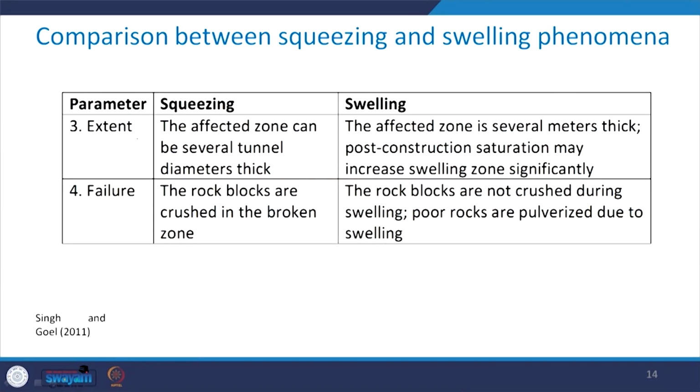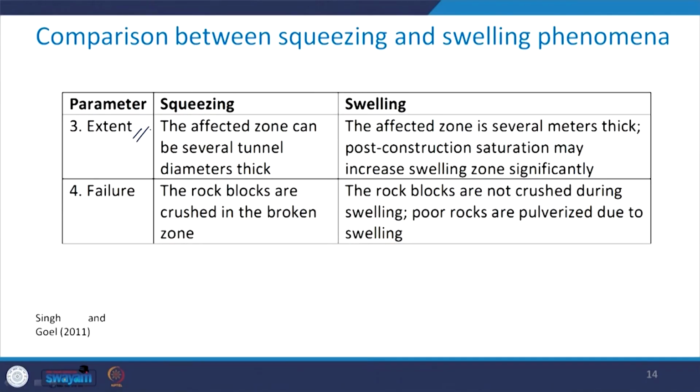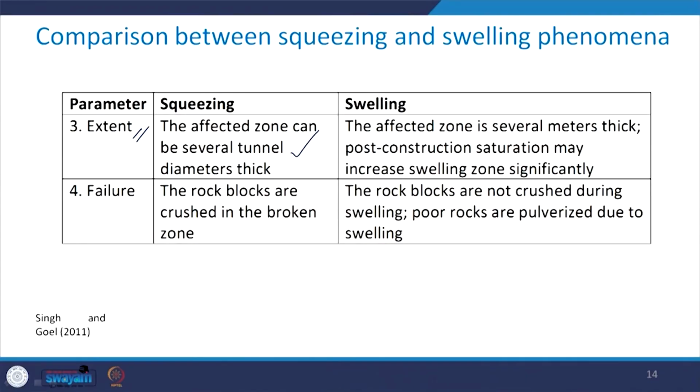The extent is the third parameter on basis of which these two phenomena have been differentiated here. The affected zone in case of the squeezing ground condition can be several tunnel diameters thick. So, if the tunnel diameter, say for example, is 10 meter, then the affected zone can be say 50-60 meters thick in case of the squeezing ground condition.